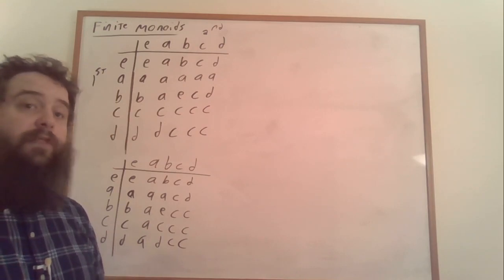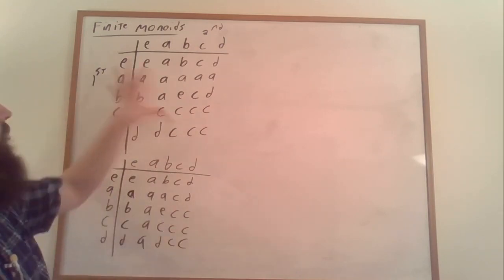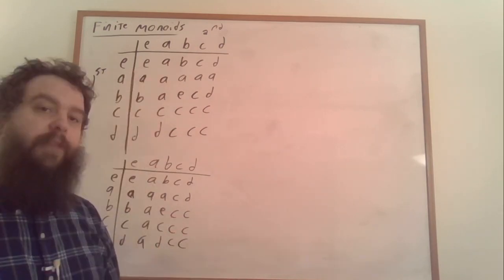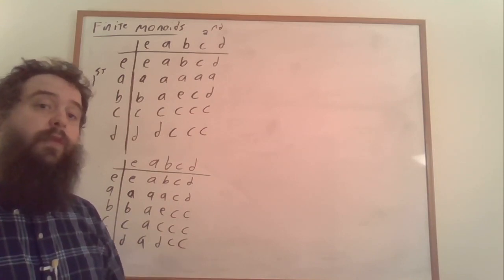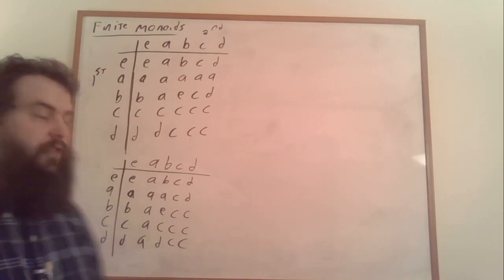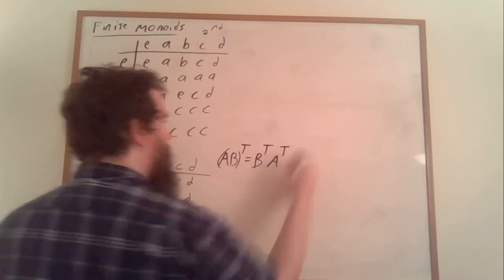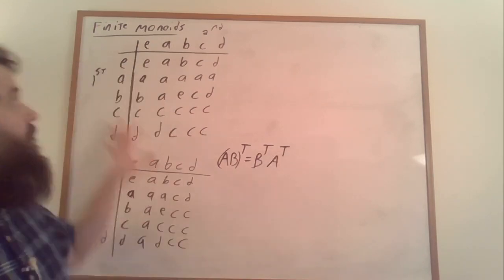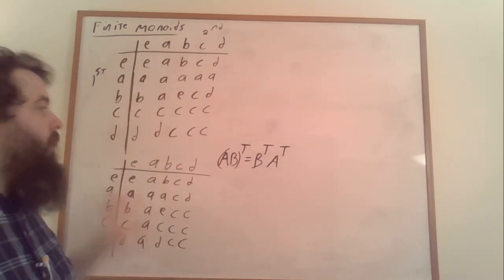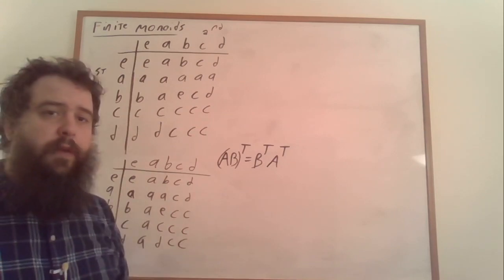The property of matrices that allows us to go from this structure to this structure is simply that matrix transposition reverses the order of multiplication. And so by transposing all of our matrices for the first monoid, we can create matrices for the second monoid.